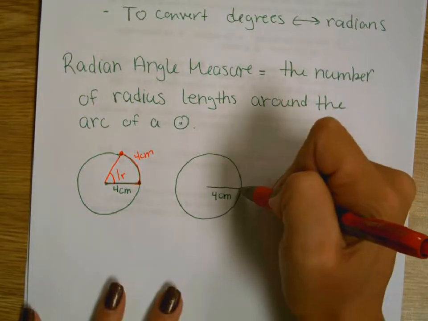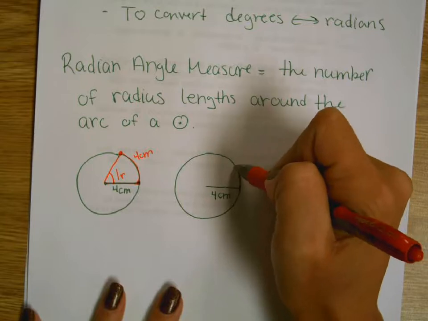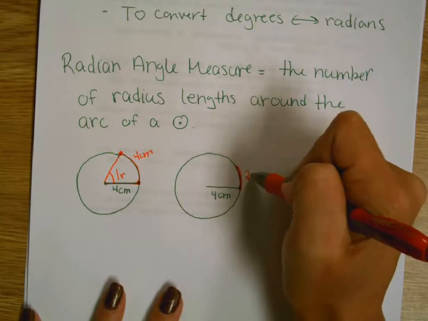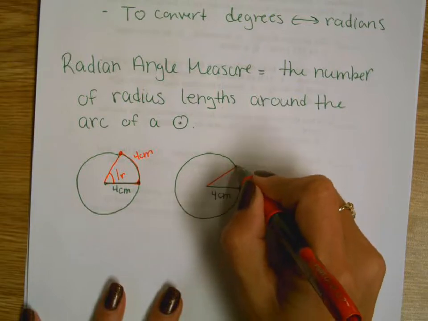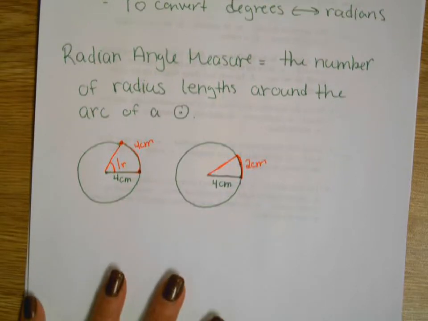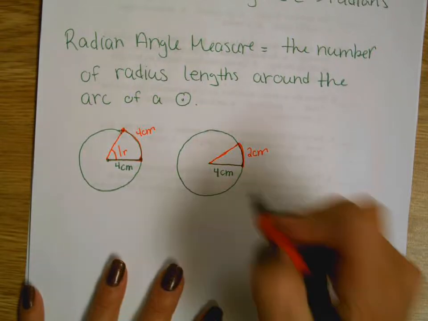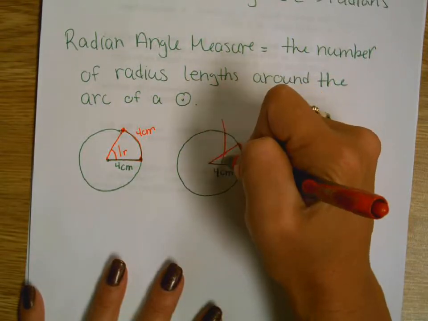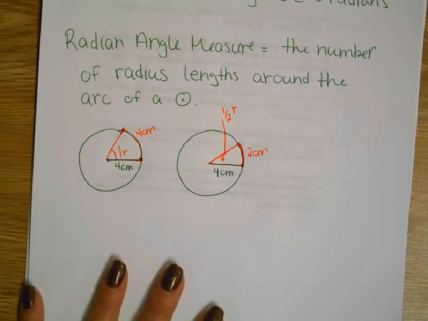So this time, if I go 2 centimeters along the arc, and then create the angle by that arc, what do you think my angle measure is in radians? Skylar? 1/2 radian, because it's half a radius. So this angle measure in here would be 1/2 of a radian.